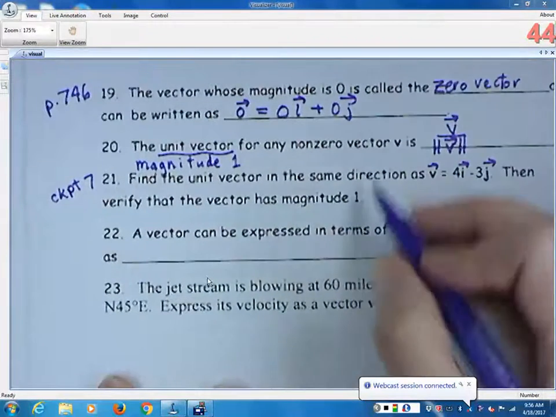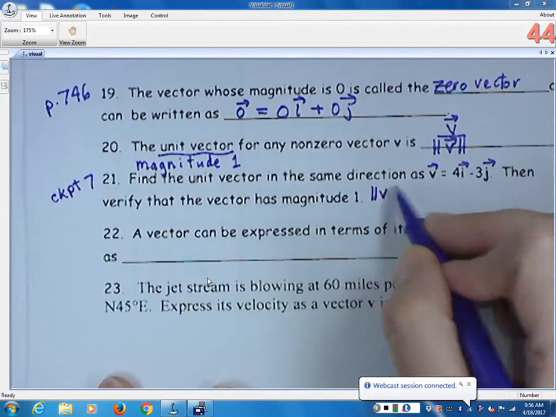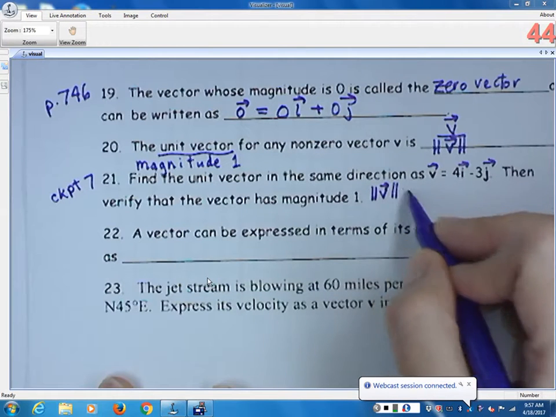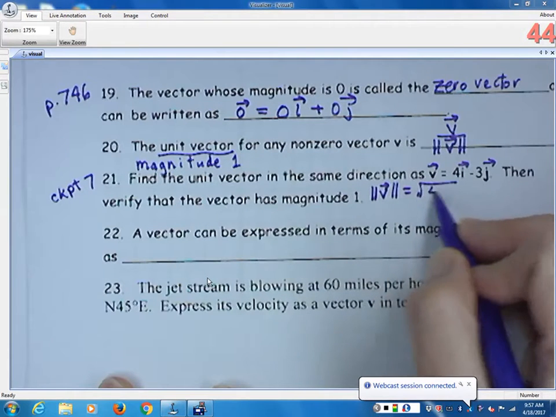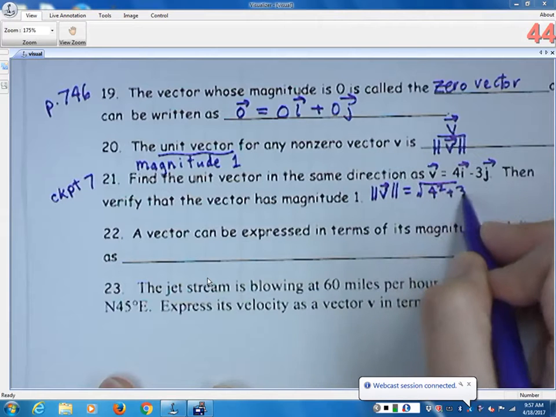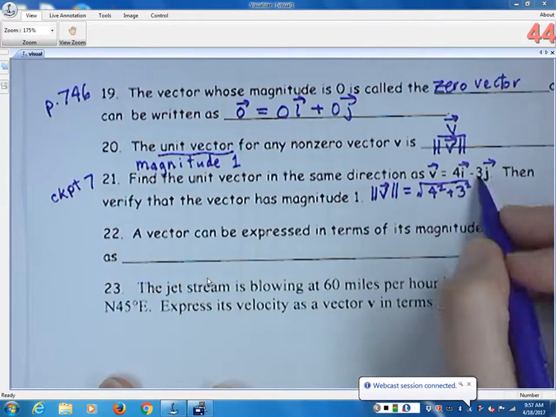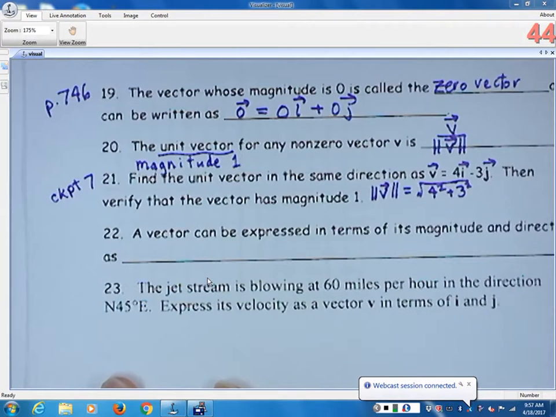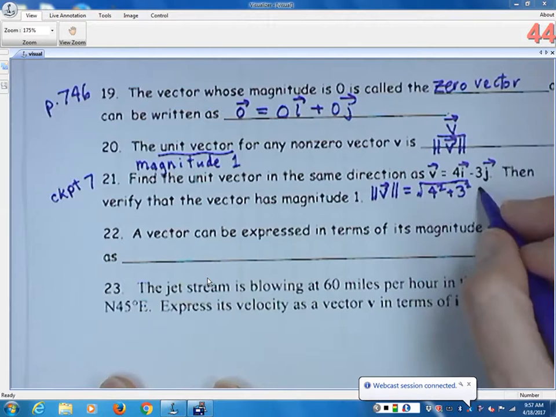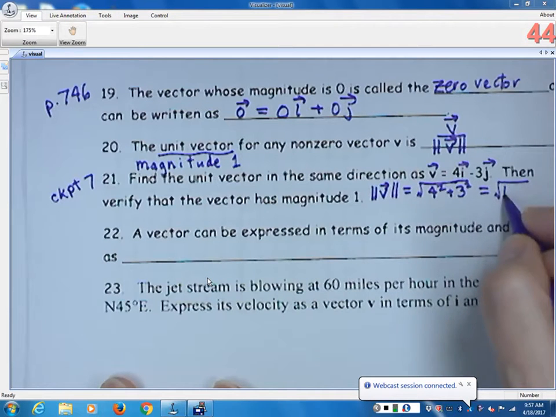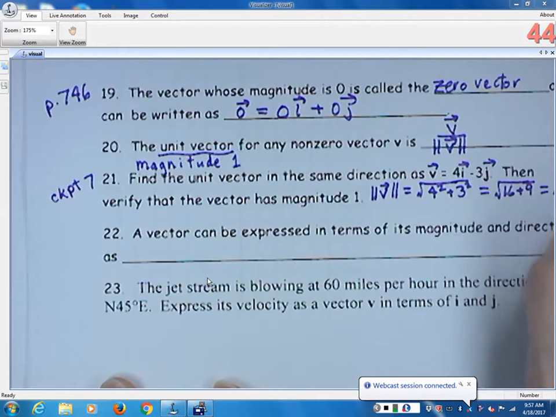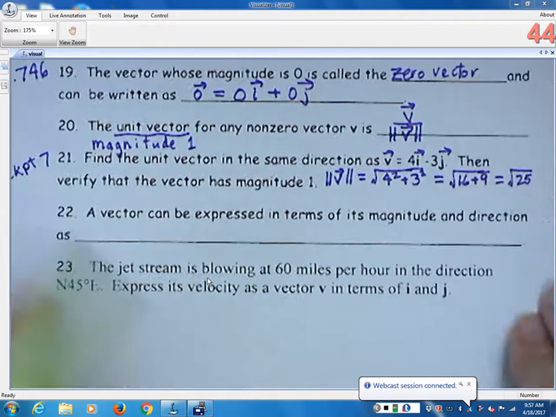So we're going to find the magnitude of V is the square root of 4 squared plus 3 squared. It's negative 3 squared, which will be positive 3 squared. Is 16 plus 9 is 25. So the magnitude is 5.